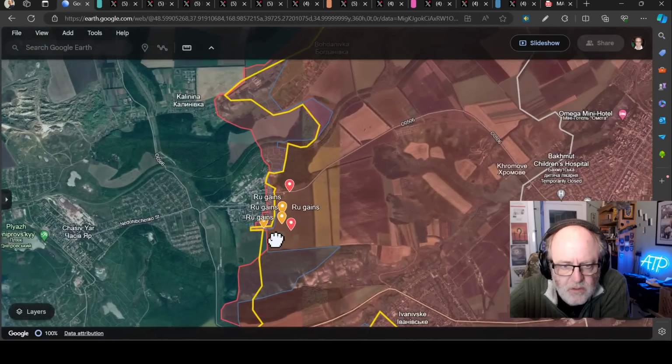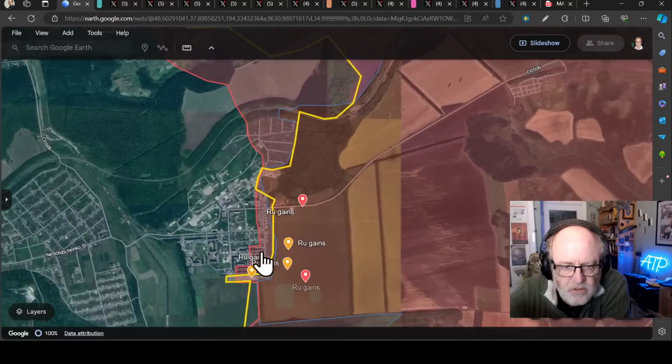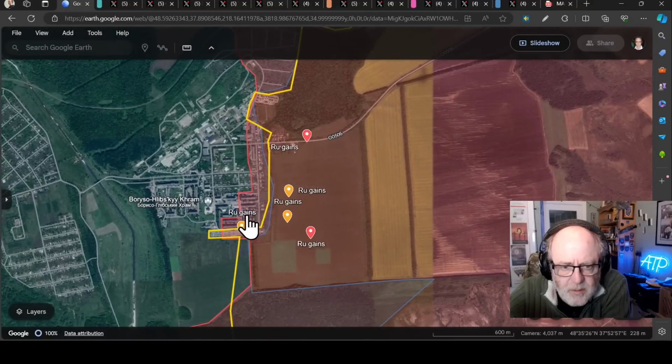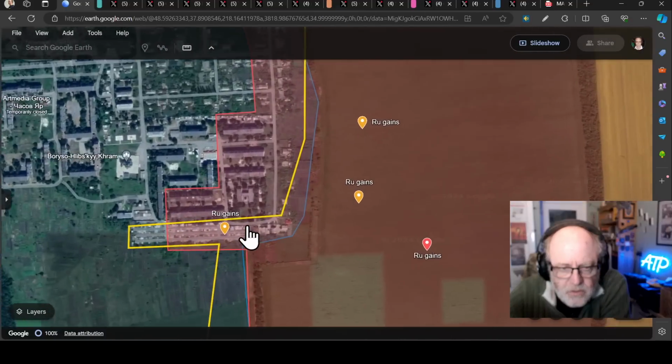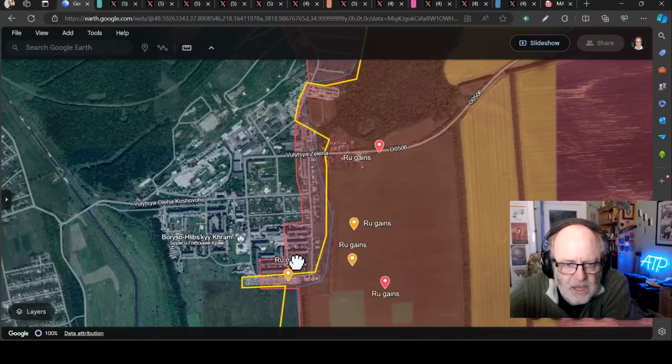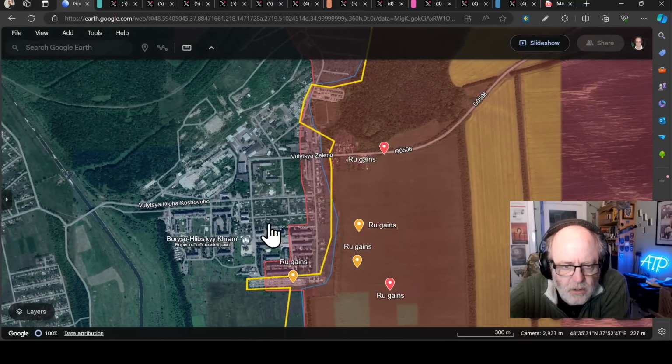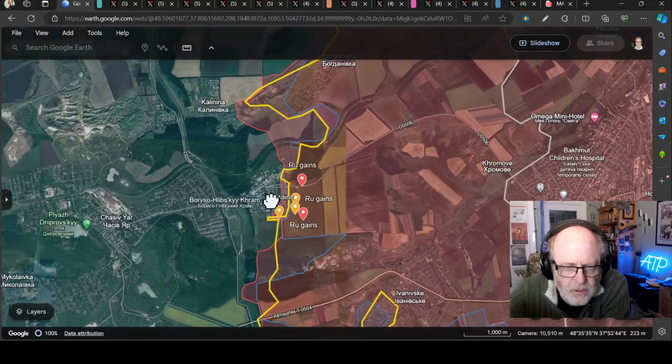There appear to be some gains going into the Canal micro-district, according to both Deep State Maps and Andrew Perpetua, which I think is fairly significant because this is that inch by inch grinding process of taking ground that the Russians go into.